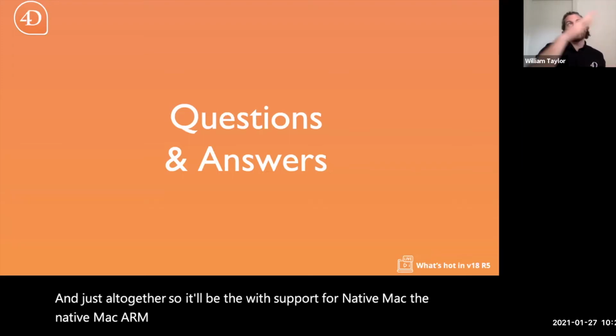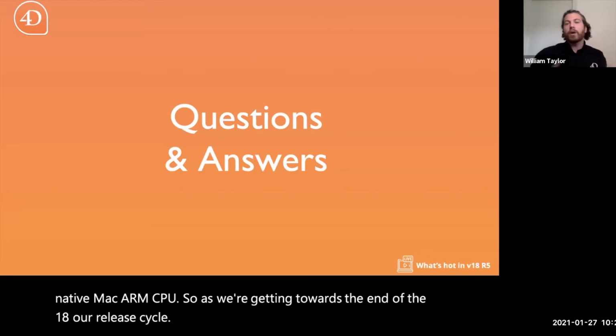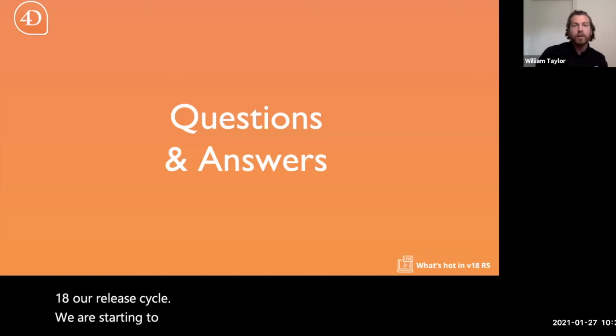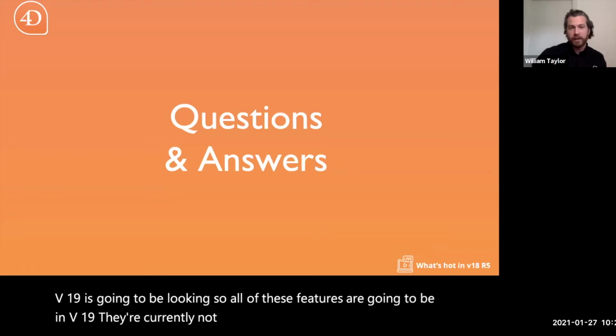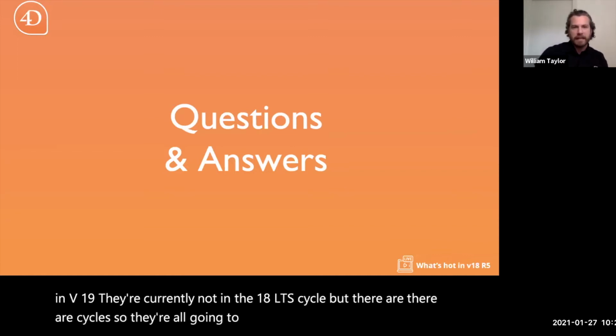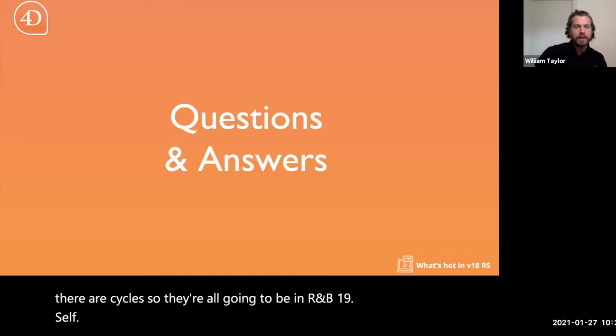As we're getting towards the end of the 18R release cycle, we are starting to see how v19 is going to look. All of these features are currently not in the 18 LTS cycle, but they're in the R cycle, so they're all going to be in v19. That's what we're looking at.